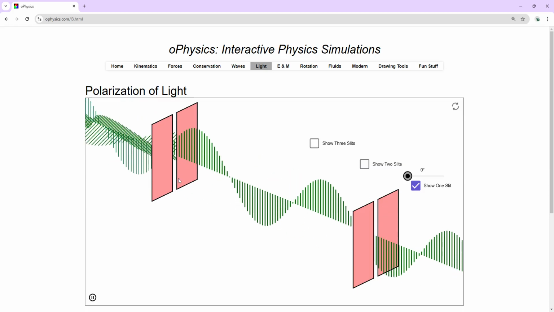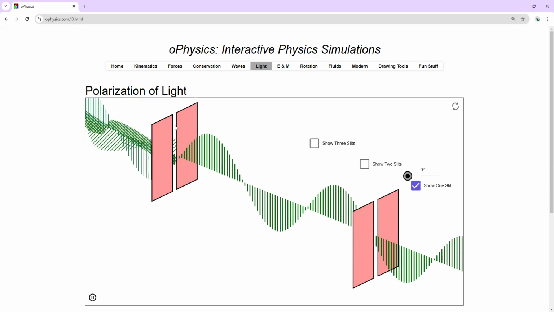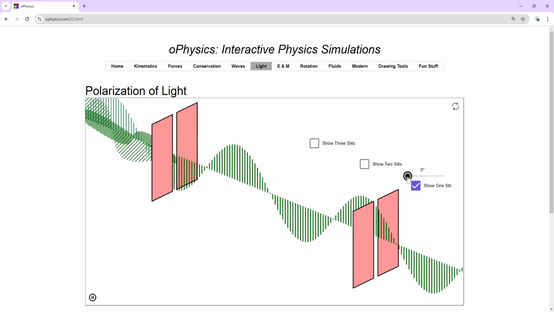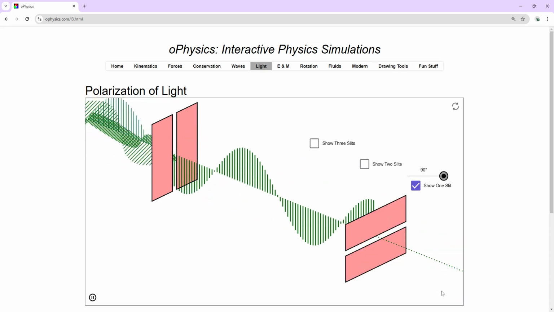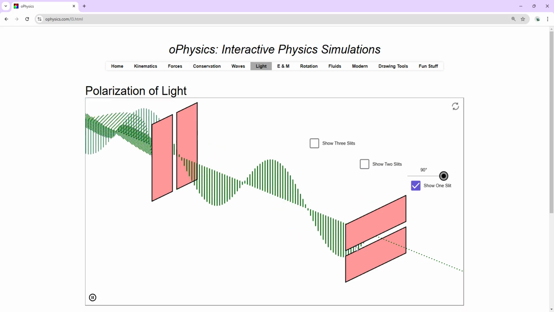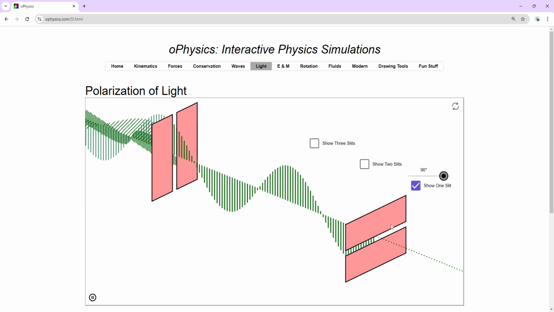So we can see that this filter cuts out all of the light except for the vertically polarized. I have another filter down here in the bottom right corner, and I can change its orientation. If I rotate it, then you can see that those vertically polarized waves are blocked by this filter because it's now not oriented in a direction to allow them to go through.